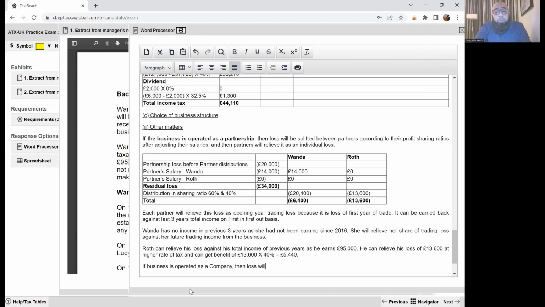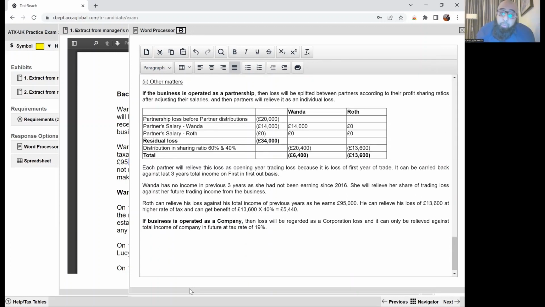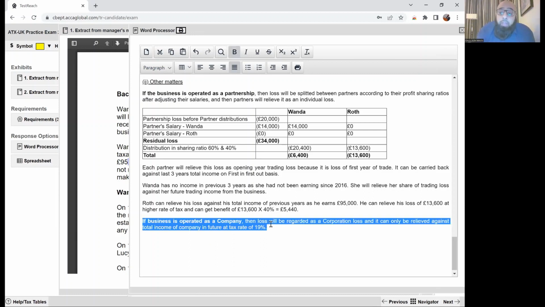In contrast, if the business is operated as a company, then the loss will be regarded as a corporation loss, and it can only be relieved against the total income of the company in future at a tax rate of 19%. In the case of a company, you can only relieve it at a tax rate of 19%.